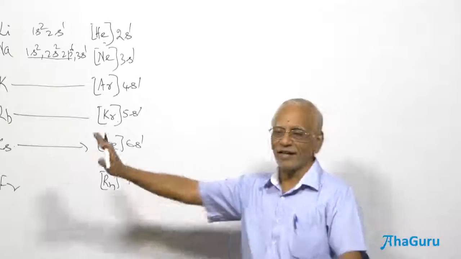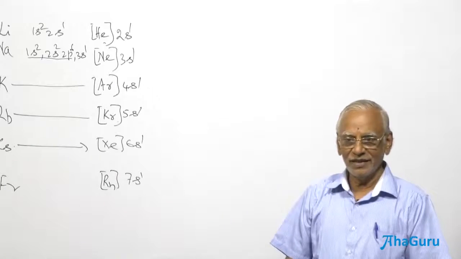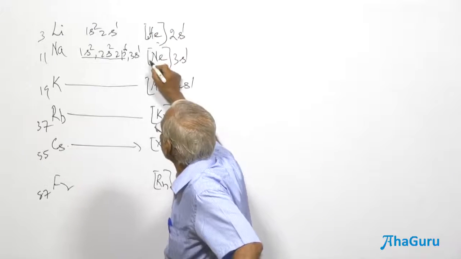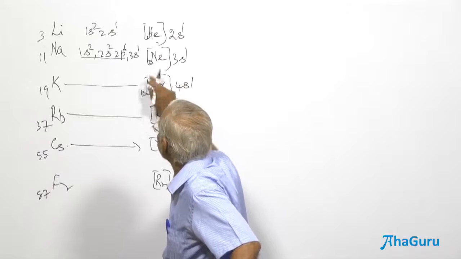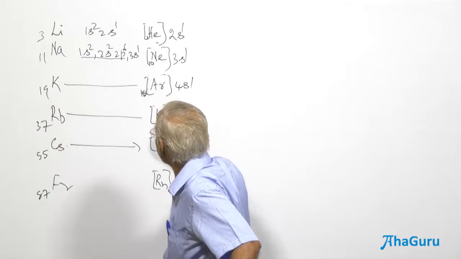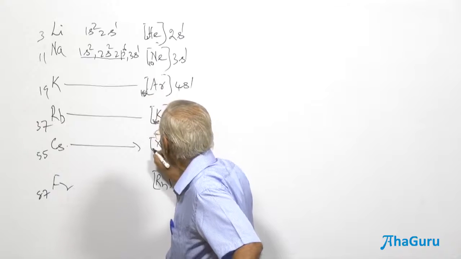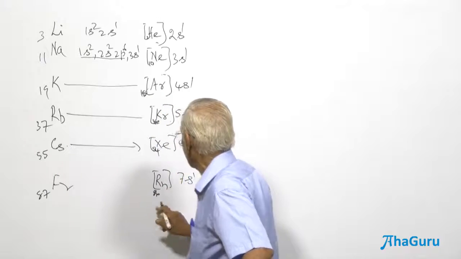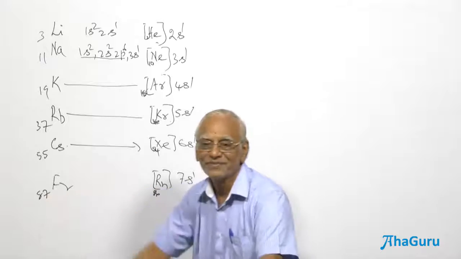So, this is the condensed electronic configuration. Does it tally? Yes. There are 2 electrons here, 10 electrons here, 18 electrons here, 36 electrons, 54 electrons, 54 plus 32, 86 electrons, 86 plus 1, 87.